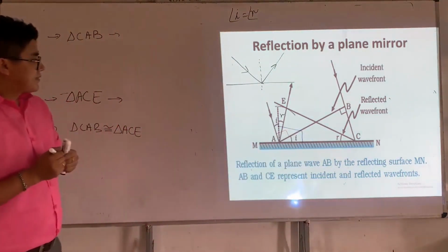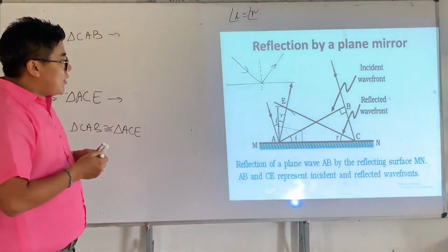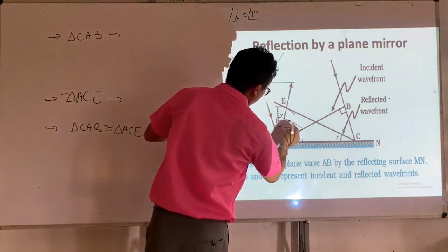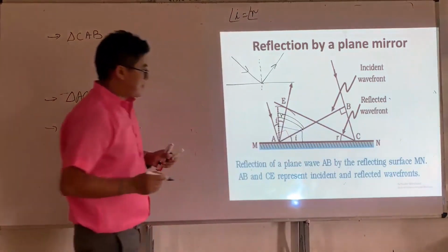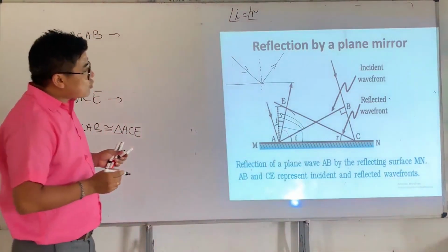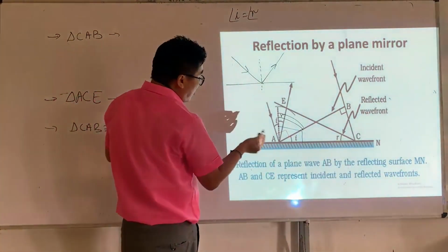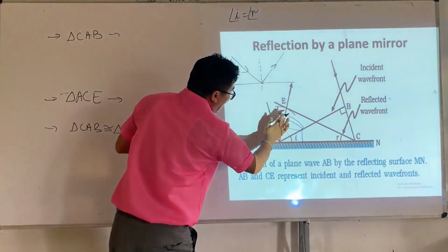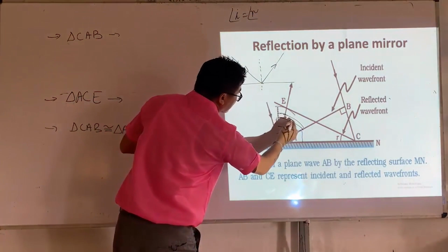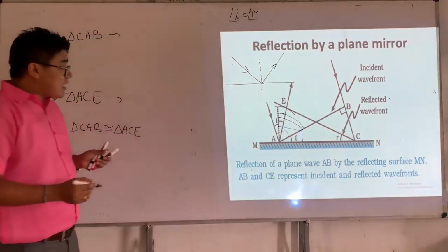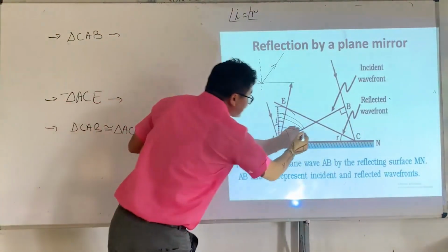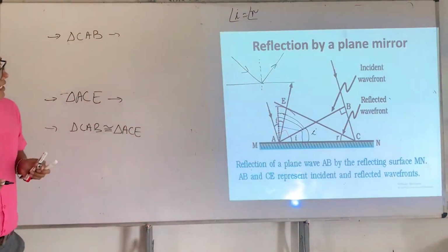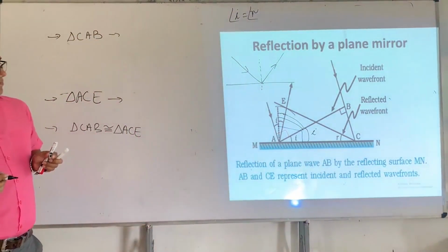So what is common? This is common to both right angles, right? This is common to both. So if this is common, then this angle must be equal to angle I.